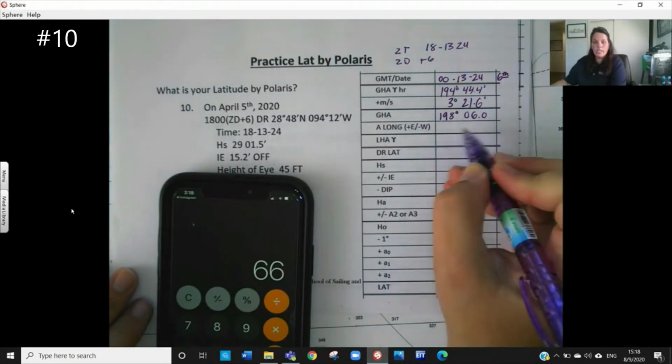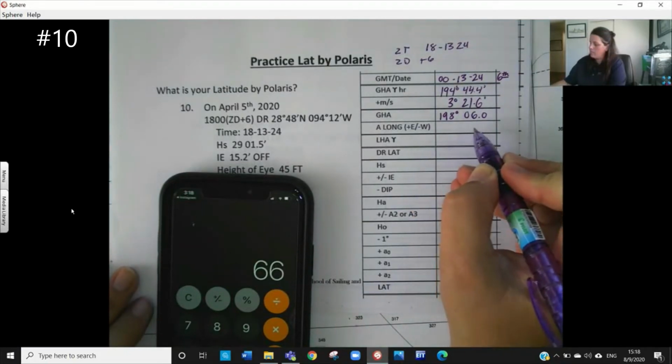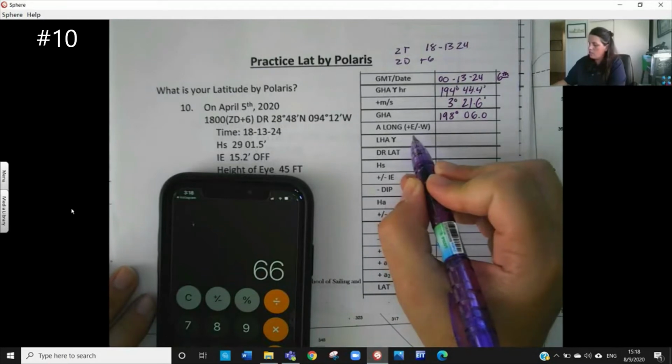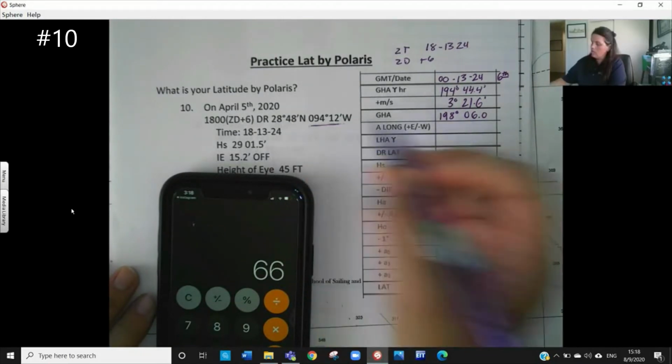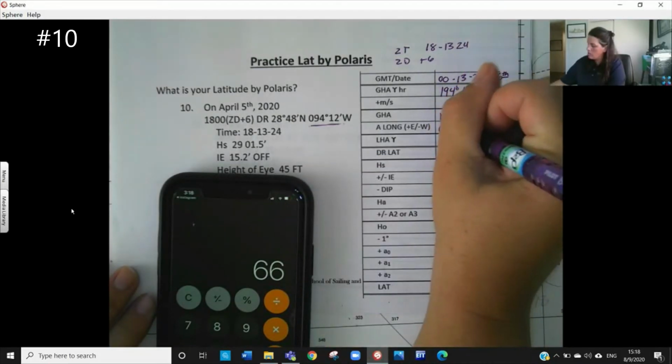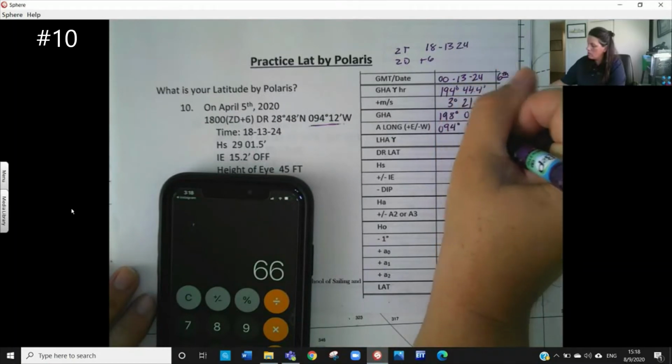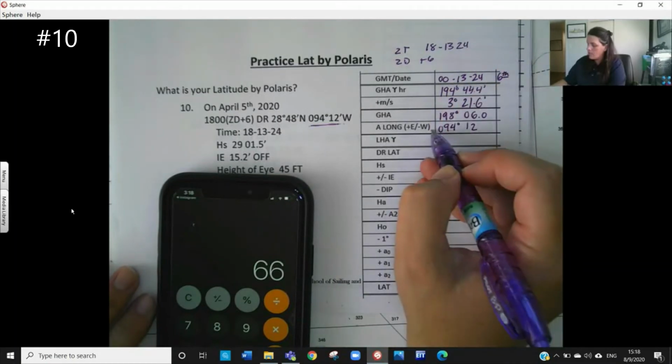And I have a GHA of 198.06. I'll apply my longitude here, and that's going to be west, so I'm going to be subtracting.